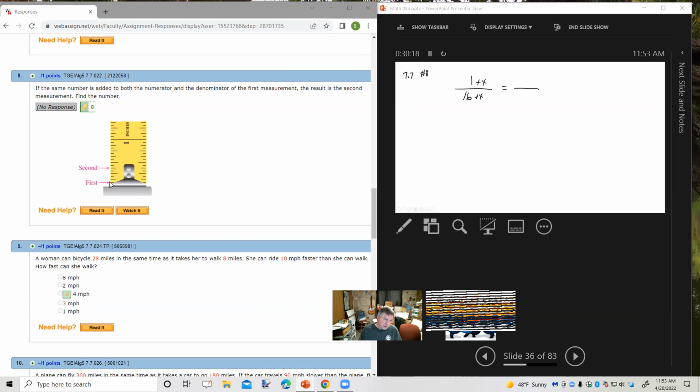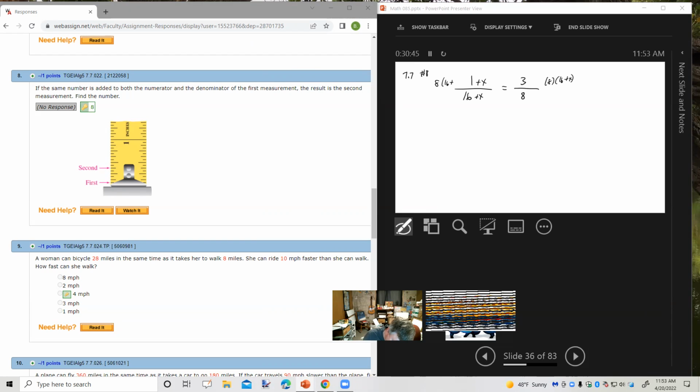And the second measurement is 1, 2, 3, 4, 5, 6/16, which could also be reduced down to 3/8. You okay with that? Yes, we're dividing them by 2, right? To get 3/8. Okay. So now I'm going to multiply both sides by 8 times 16 plus x.